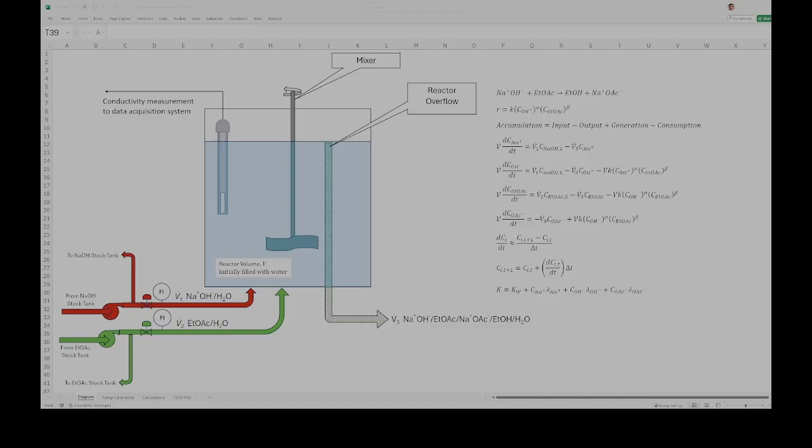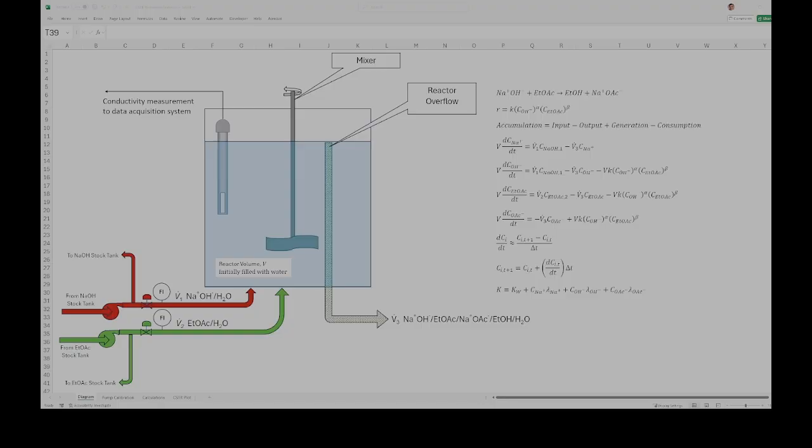And to help us work with the differential equation, we're going to do an approximation where the change of concentration of species i with respect to time, that derivative, will be approximated as a change in concentration from one time to the next divided by the time interval.